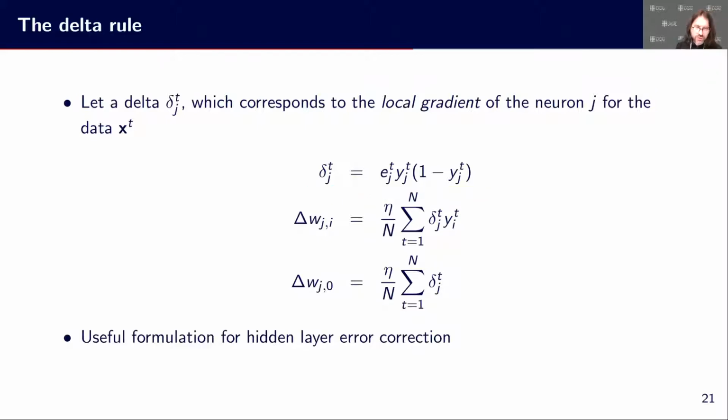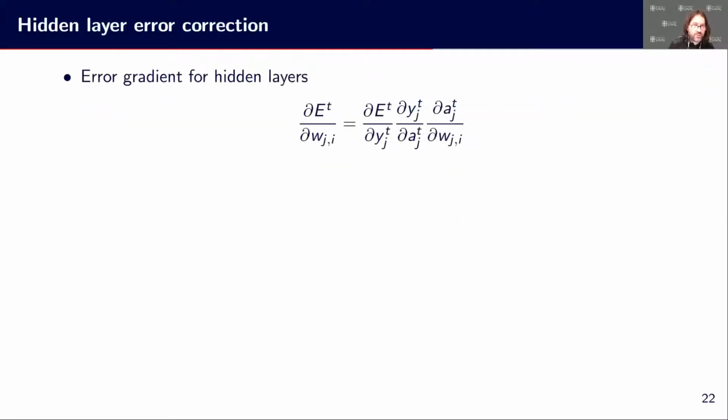But this formulation is useful because we can use it to develop the update rule for hidden layers, redefining the delta here in a different way for making the corrections on the previous layers. So if we are looking at the error gradient for hidden layers, the developments look this way.